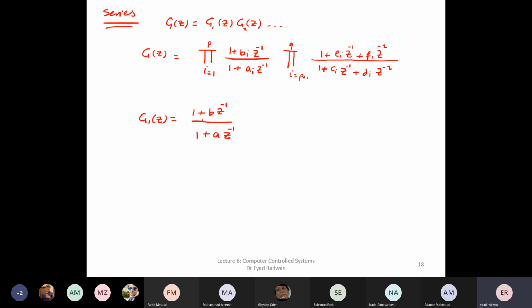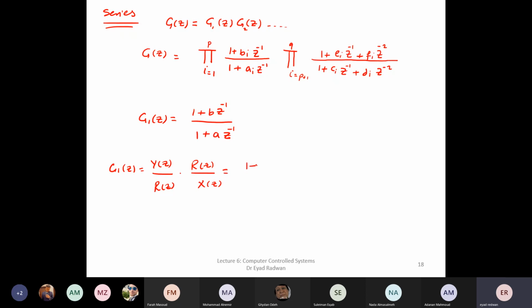فلو عندي first order term بالشكل هذا كيف بدي أعمل له implementation؟ حاخذ نفس الشيء، بسط ومقام. حكتب G1 of Z equal to واحد من الفانكشنز ماخذ first order format، حنكتب عبارة عن Y of Z output على intermediate function R of Z، H of Z بدك إياه على X of Z اللي هو الانبوت.